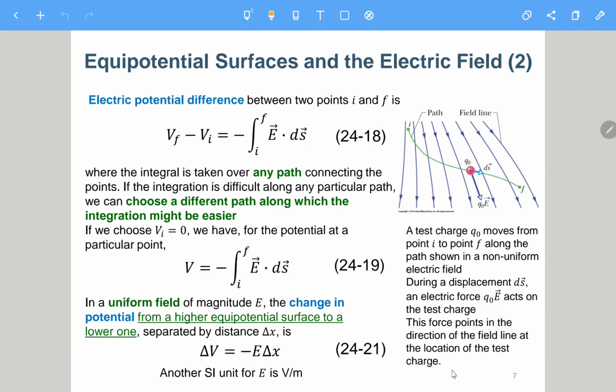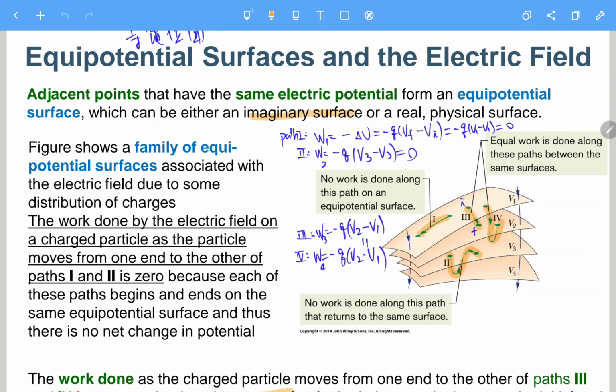Here I can also slightly mention that the equipotential surface is of course a surface, and it relates to the E field. You can see that this is an E field line, and this is also another E field line. The E field line will be perpendicular to the equipotential surface.